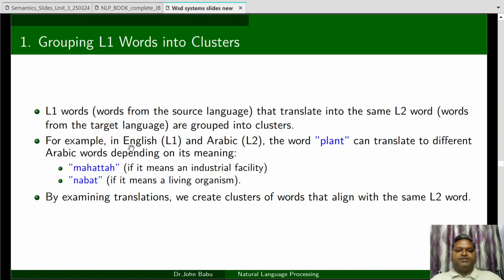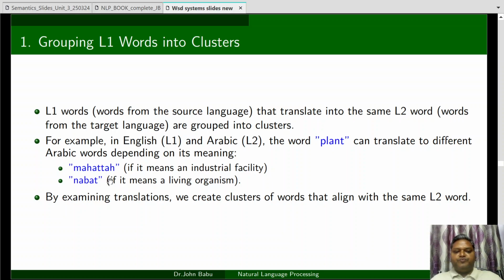For example, in English L1 and Arabic L2, the word plant. Plant may have two senses in English. One may be industrial plant, the plant running, and another one is a living organism, a small plant, sapling. But in Arabic, when it is translated, they don't have a common word, but for industry they have Mahatta, and living organism is Nabat.